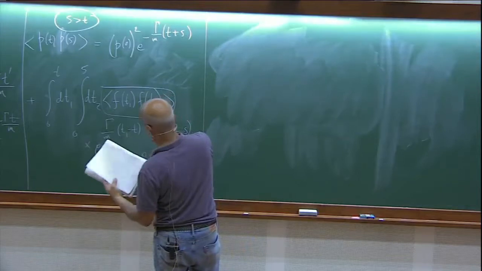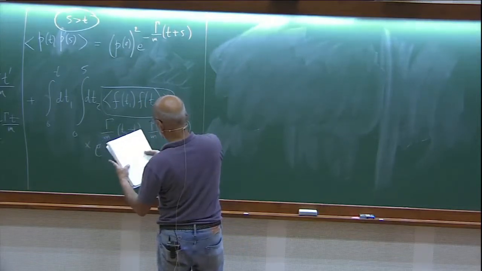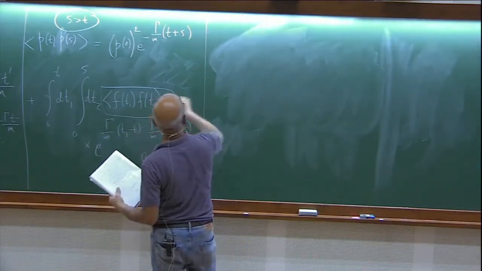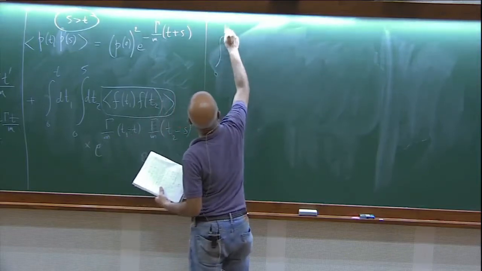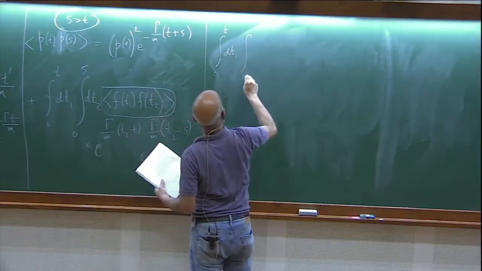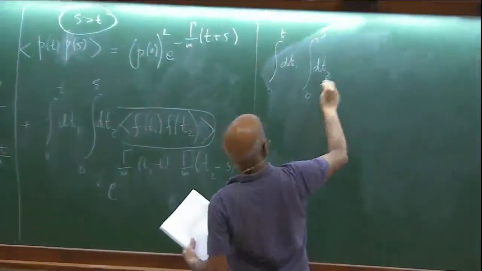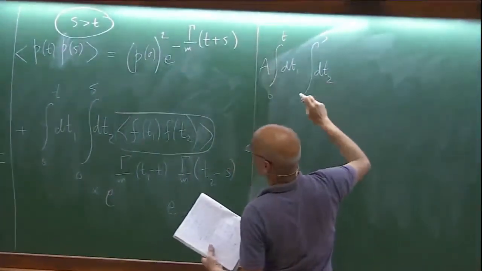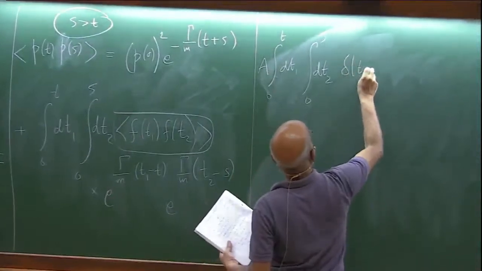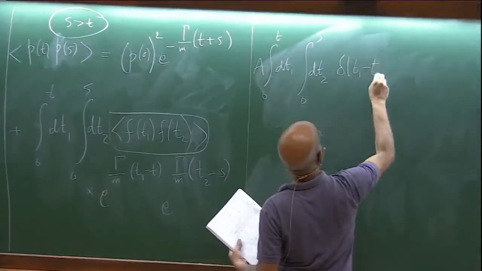All right, let's actually do one of these. So this will be integral 0 to t dt1, integral 0 to s dt2, and then I'll have an a, and I have a delta of t1 minus t2.